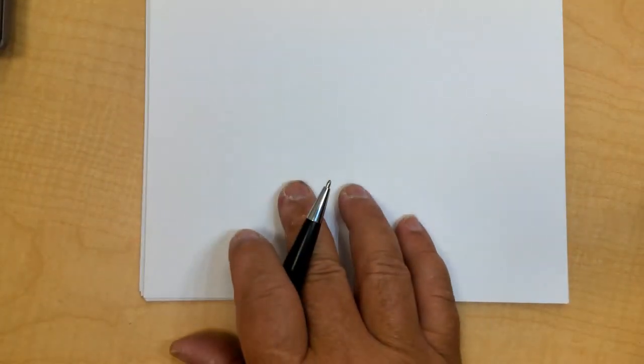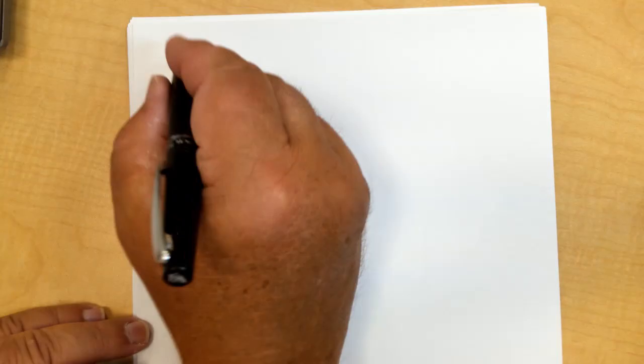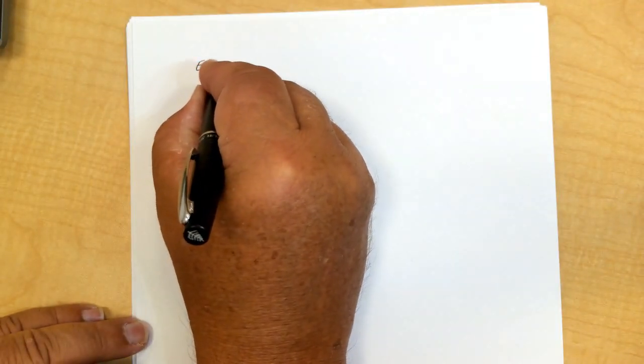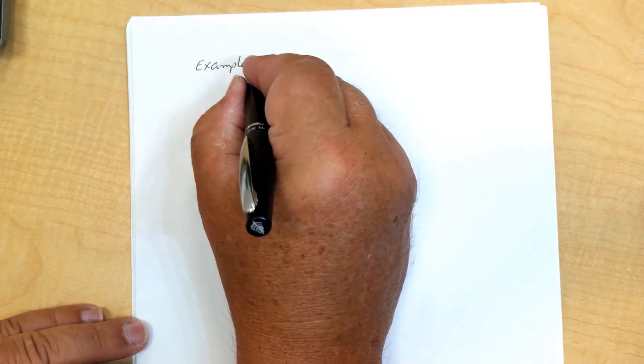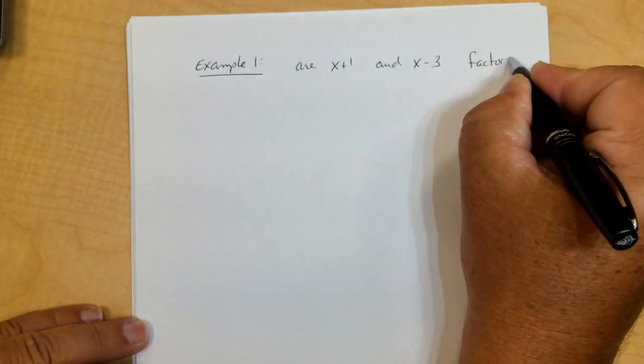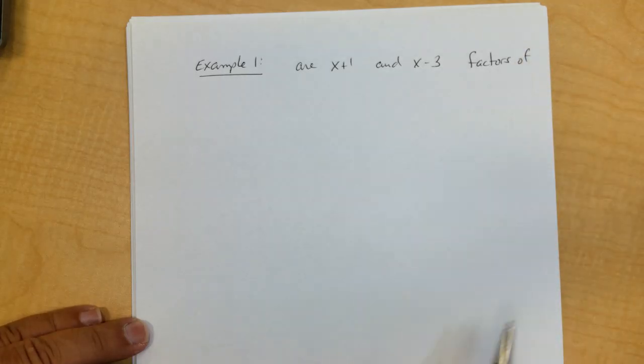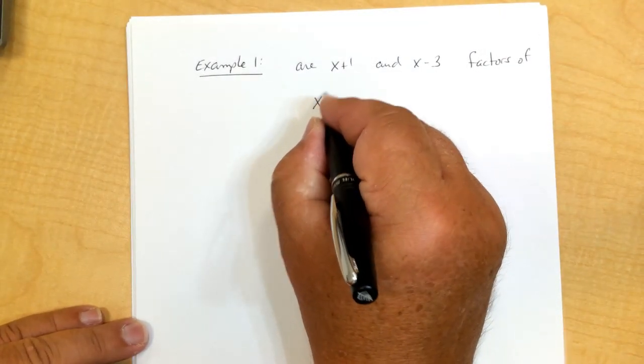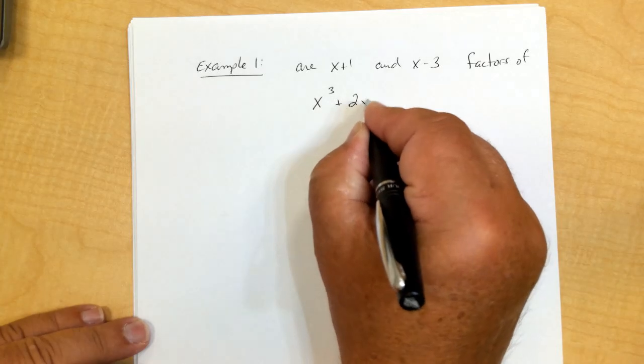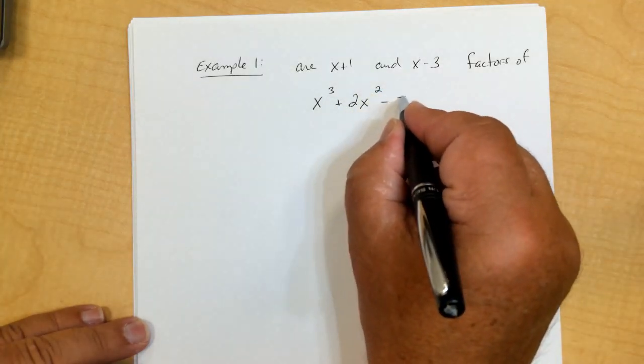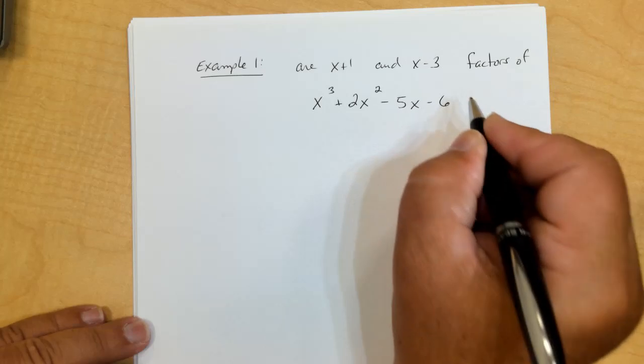Do another one here. Are x plus 1 and x minus 3 factors of x cubed plus 2x squared minus 5x minus 6?